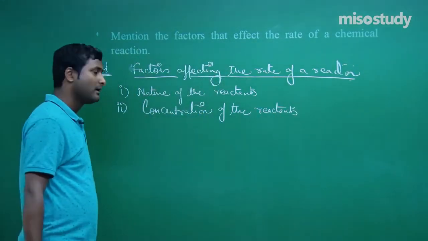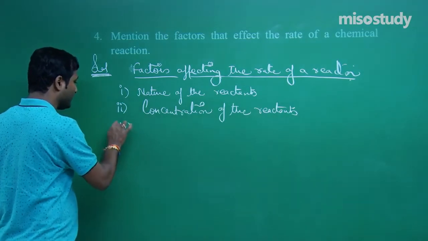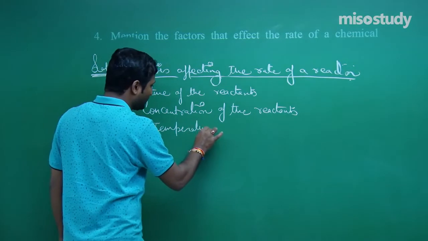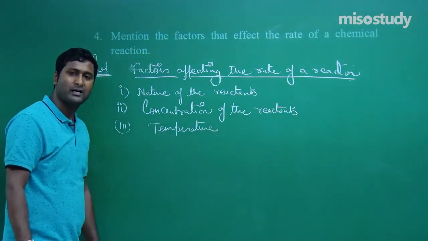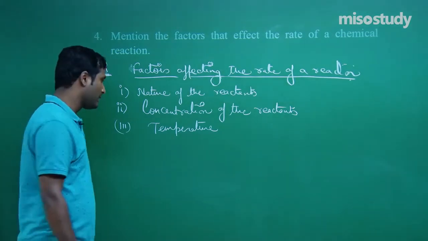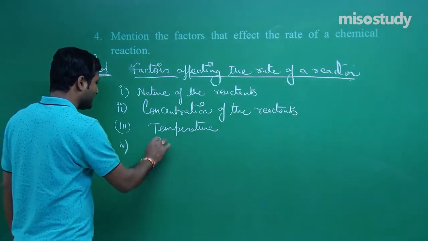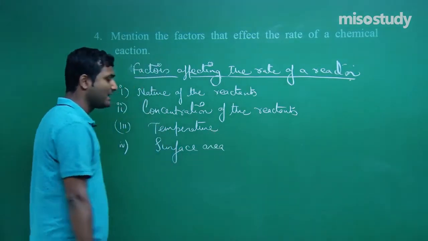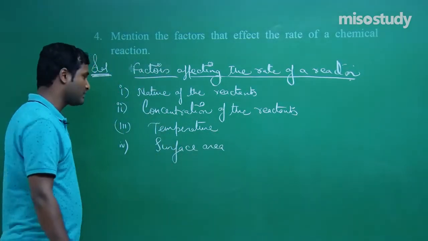Clear? Now the third one is, my friend, temperature. With rise in temperature, the rate of reaction increases. Per 10-degree rise in temperature, the reaction becomes 2 or 3 times. Now the fourth one is surface area. Remember this, higher the surface area, higher is the rate of reaction.